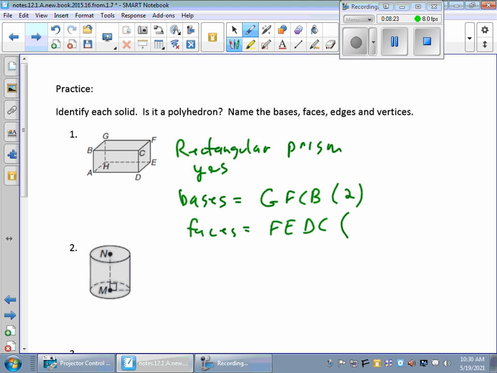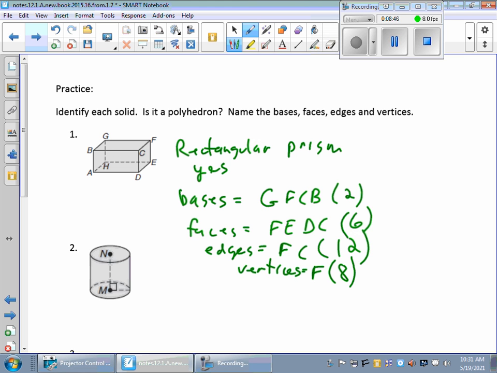You should have a total of 6. And we want edges. Edges are your lines like FC. And how many total edges do you count? Hopefully you can count those. There are 12. And vertices, count your points. And one of them is F. And there is a total of 8. Okay, that's number 1.